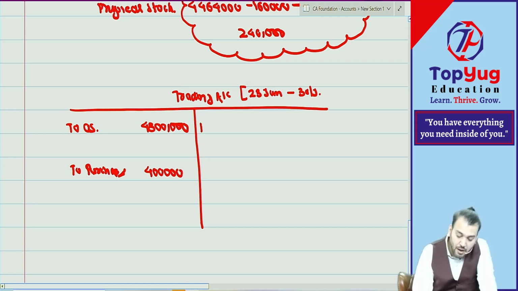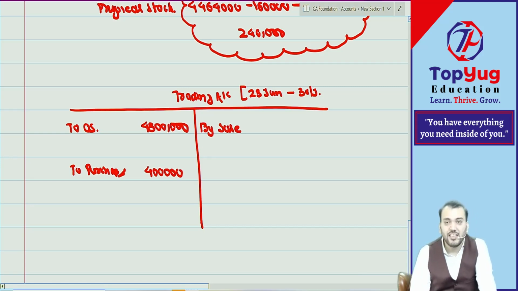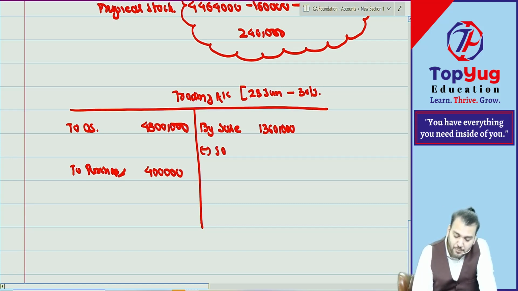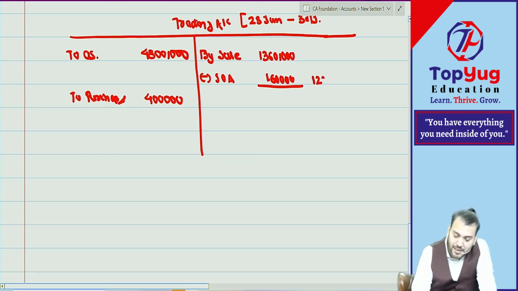Now how much sale? 13 lakh. But out of this, how much is not approved? Sales on approval which is not approved, 1 lakh 60 will be deducted. Total sale becomes how much? 12 lakh.